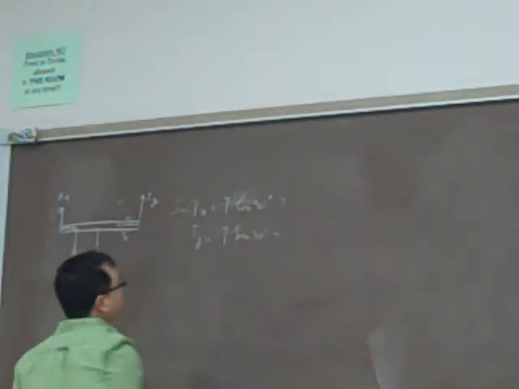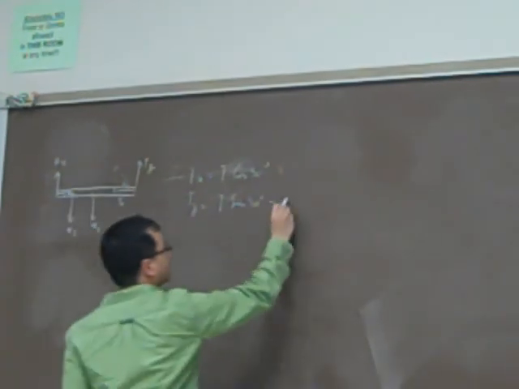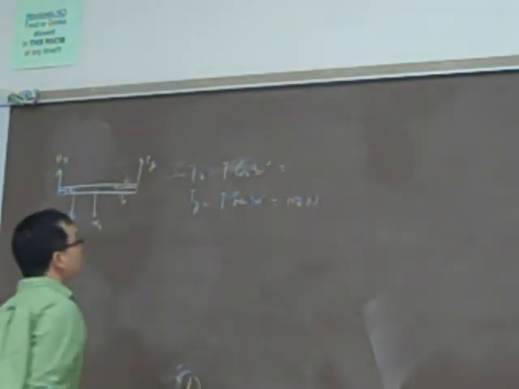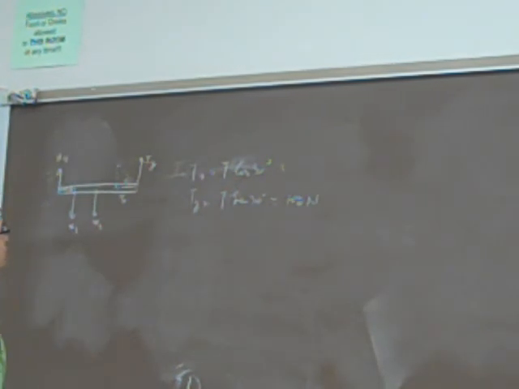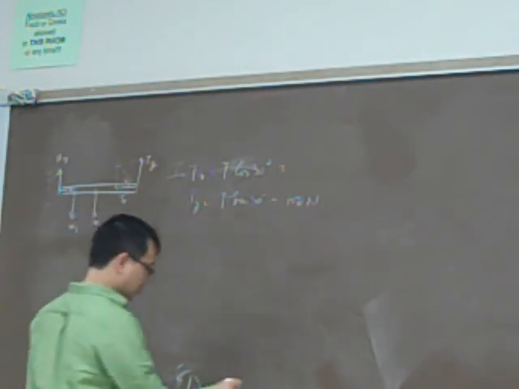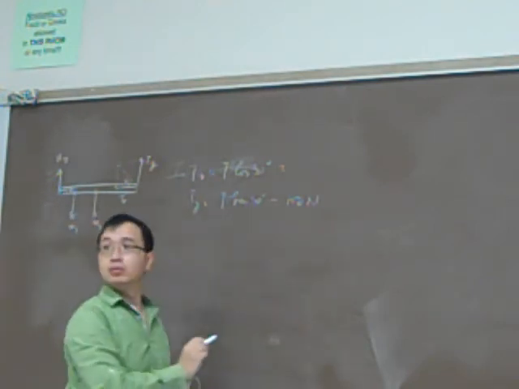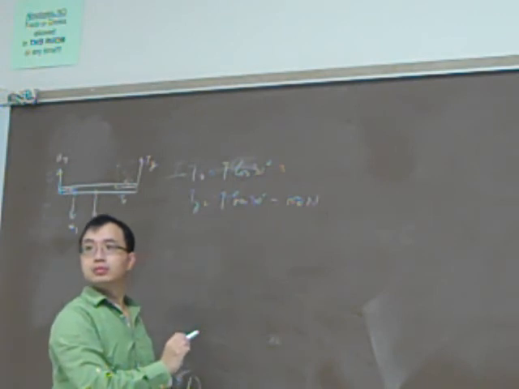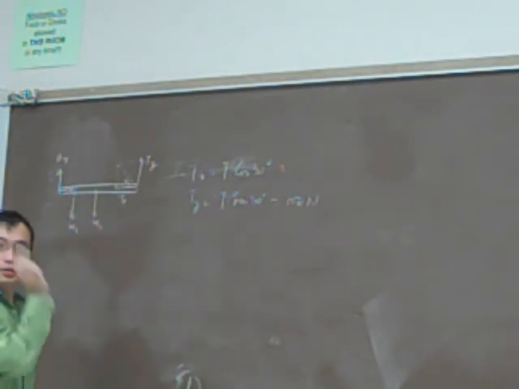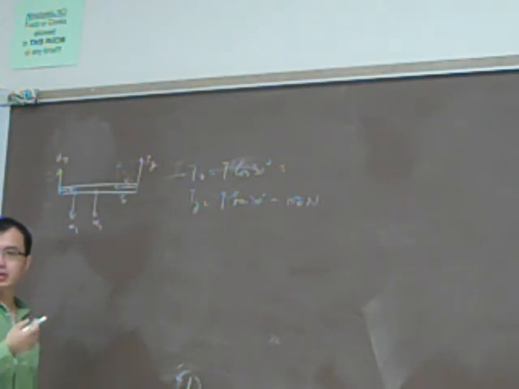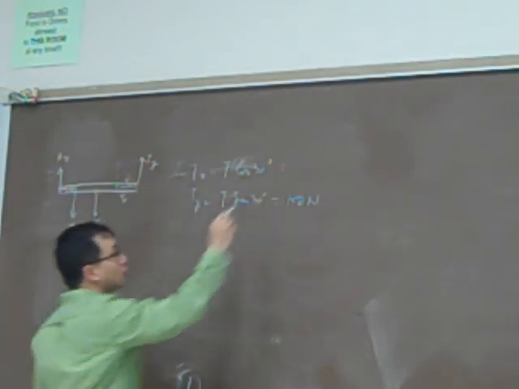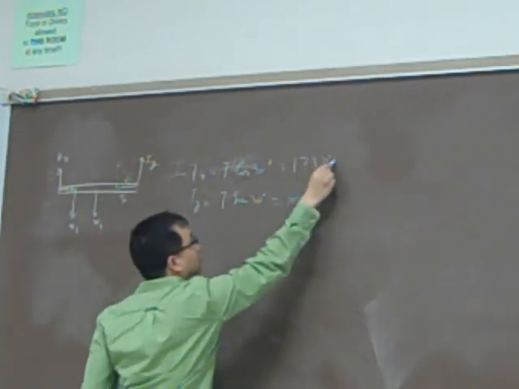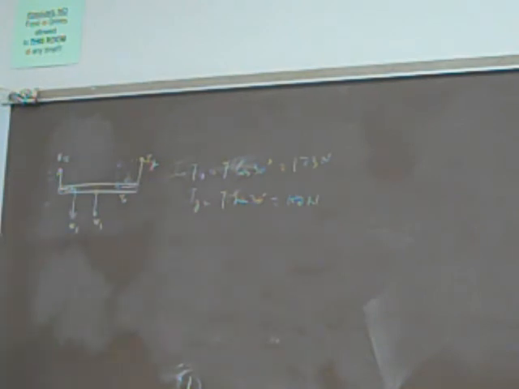So this is 200 multiplied by 0.5, so Ty equals 100. Tx, what's that? 200 multiplied by cosine 30 is 173. So that's Tx and Ty.